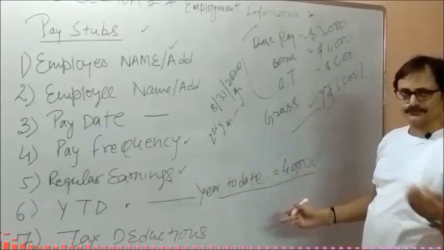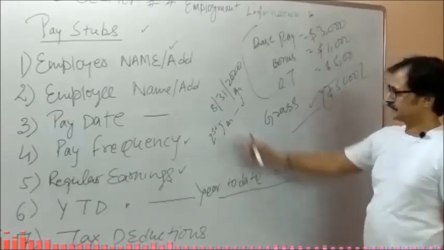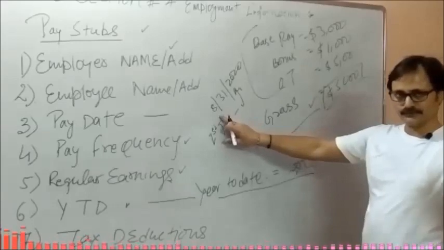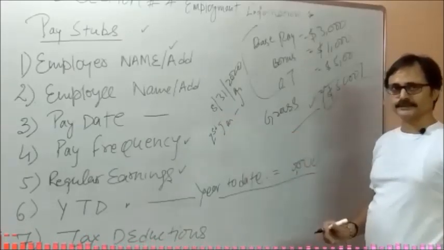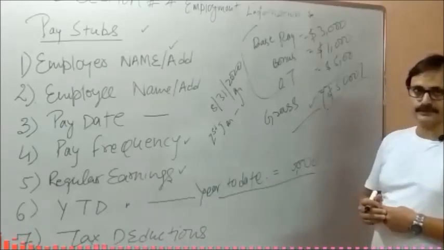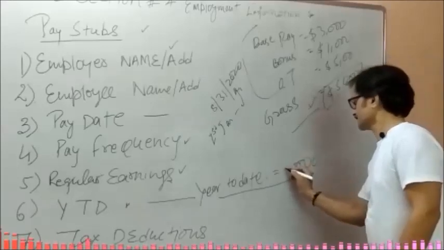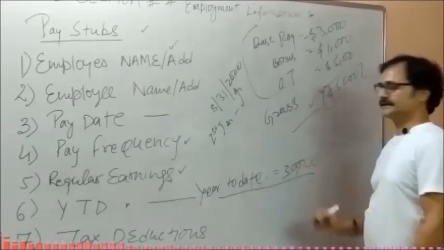If he didn't work for 2 months out of the 8, he will not be paid 5,000 for those 2 months. So it will become around 6 months, and his income will be only 30,000.